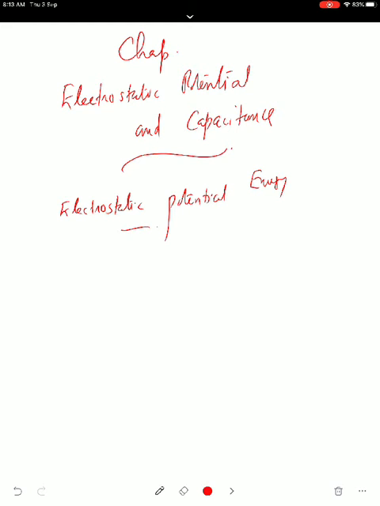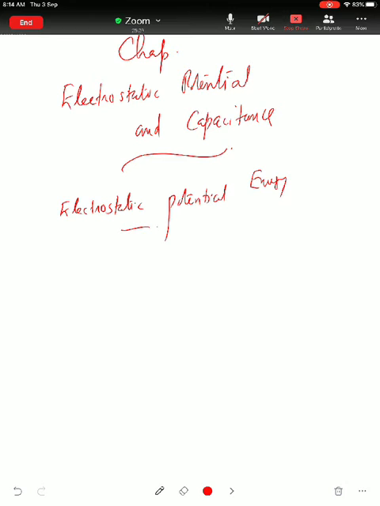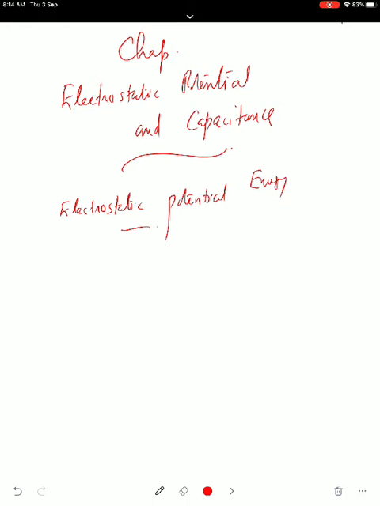You are familiar with gravitational potential energy. So what is the equation for gravitational potential energy? Lakshya? Gmm by r square, not r square.